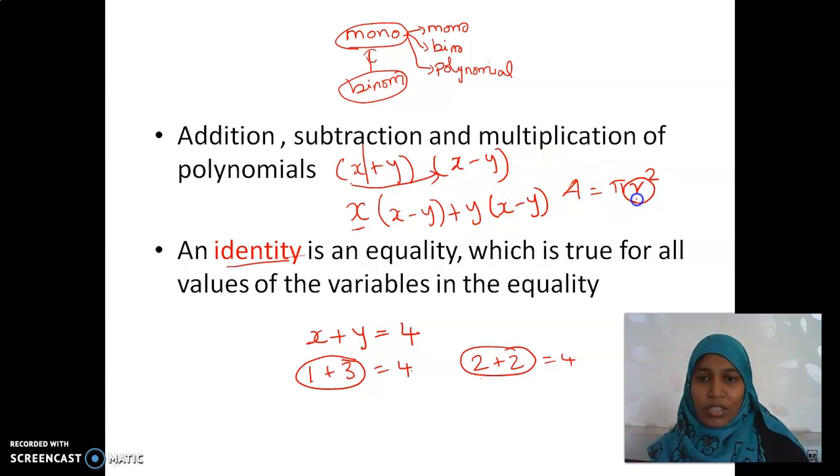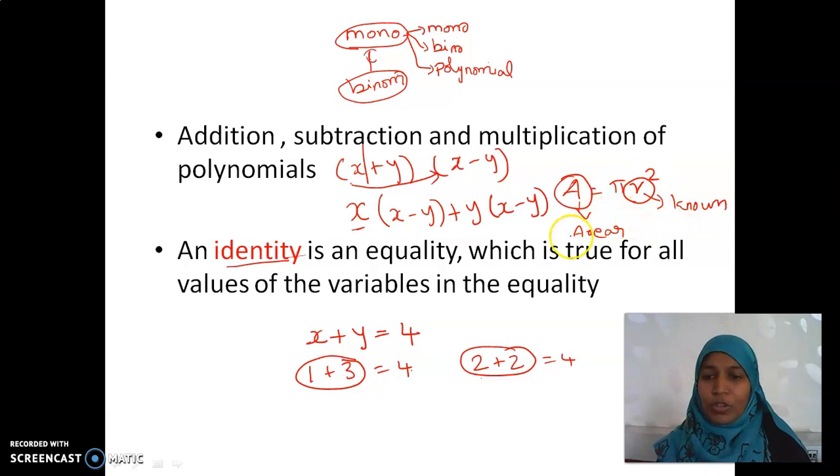I have two variables, r and A. Here r is known and I will find the unknown value, area. If I know the area, I will find the radius. So this is called a formula. You should know the difference between formula, identity and equation. Of course, a formula can also be considered an equation. It will be leading to an equation, but an identity is not an equation.